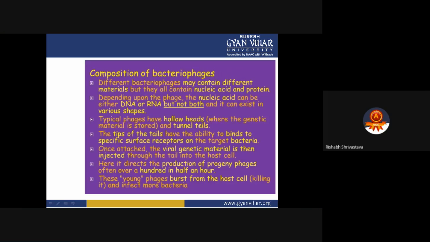Once attached, the viral genetic material is injected through the tail into the host cell. Here, it directs the production of progeny phages, often over 100 in half an hour. These young phages burst from the host cell, killing it and infecting more bacterial cells.